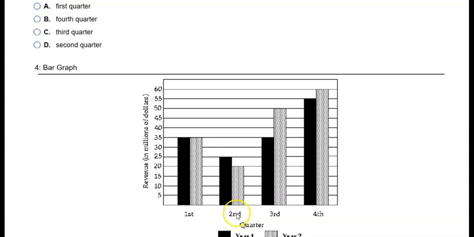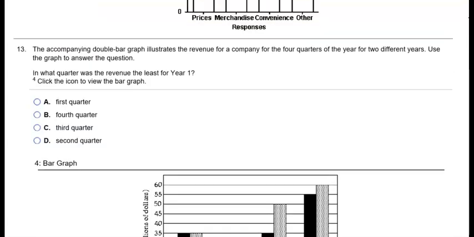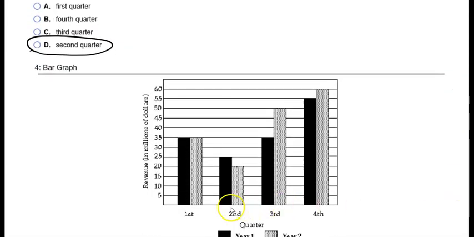That means in the second quarter. In the second quarter of the first year, the revenue is least. So the answer is going to be D. You can see the second quarter is the least revenue for year one. Remember, in the other quarters, year one has more revenue, and dark is year one.